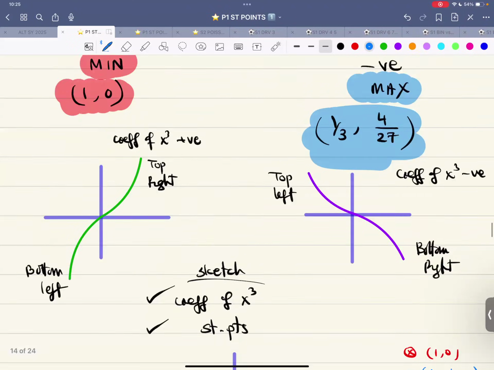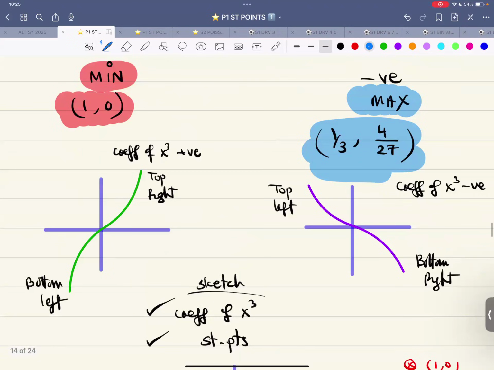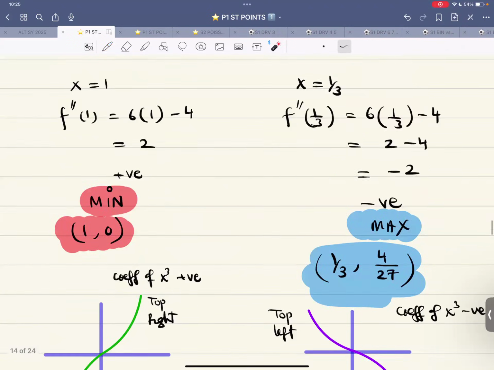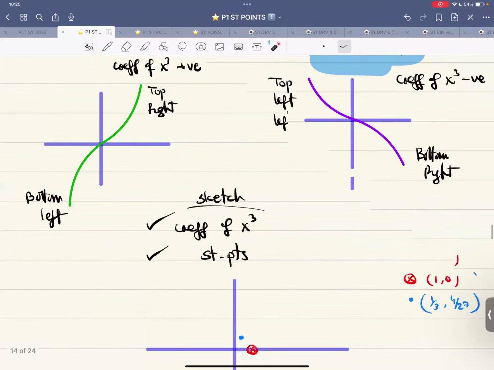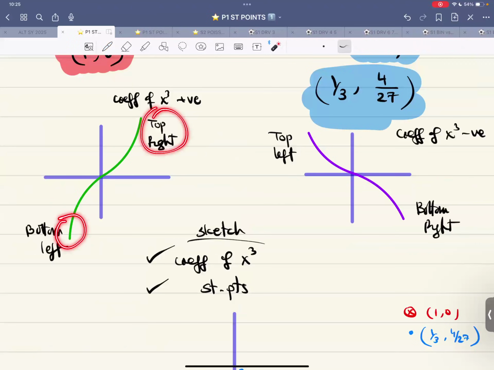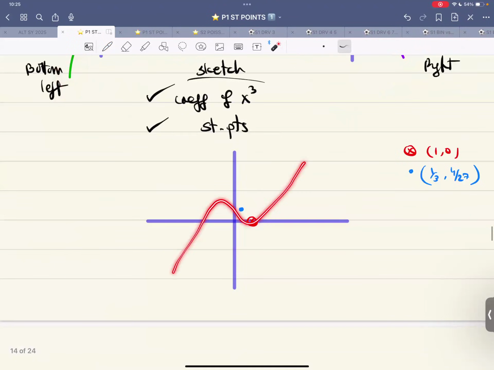So now the shape has to be the green shape. It's going to start from the top right because the coefficient of x cube is positive. So it's going to start from here, go down there, and also pass through these points. So that is how the graph will be drawn. This is just some extra information.